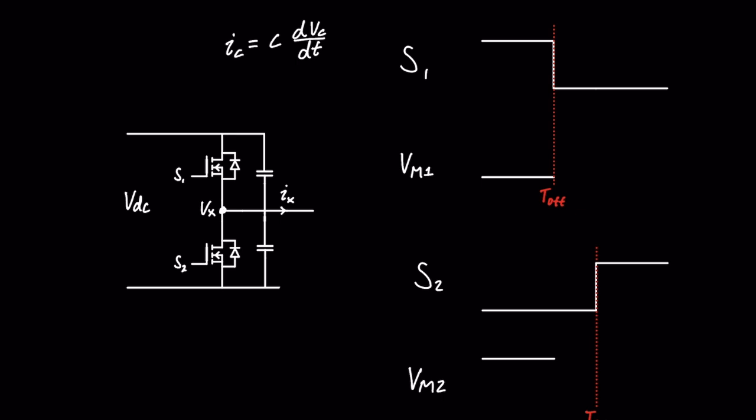The positive direction of the current in a capacitor is this direction, which in this case means the current is positive, so the voltage will start to increase, until it reaches the maximum value. And it will be the opposite for this case.